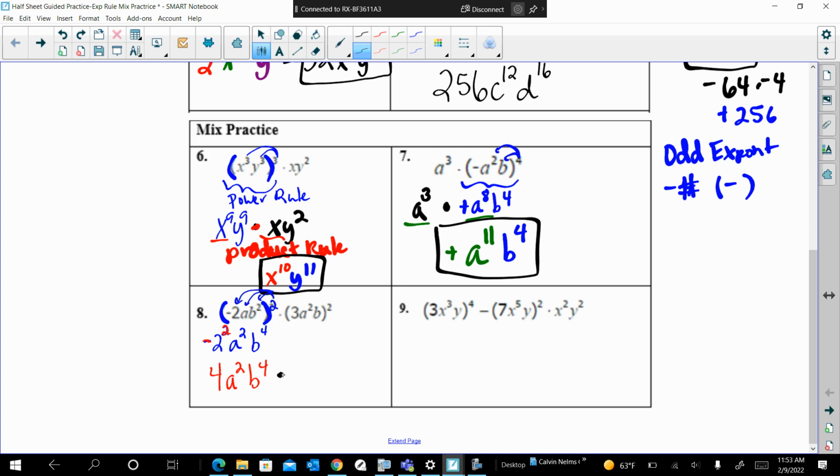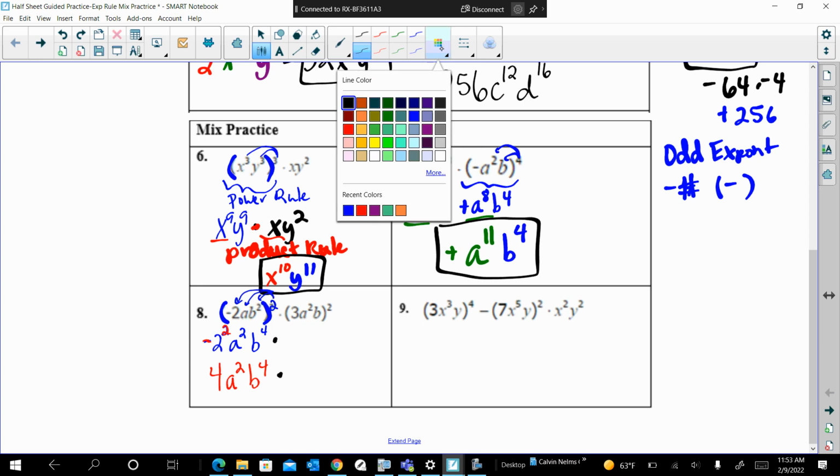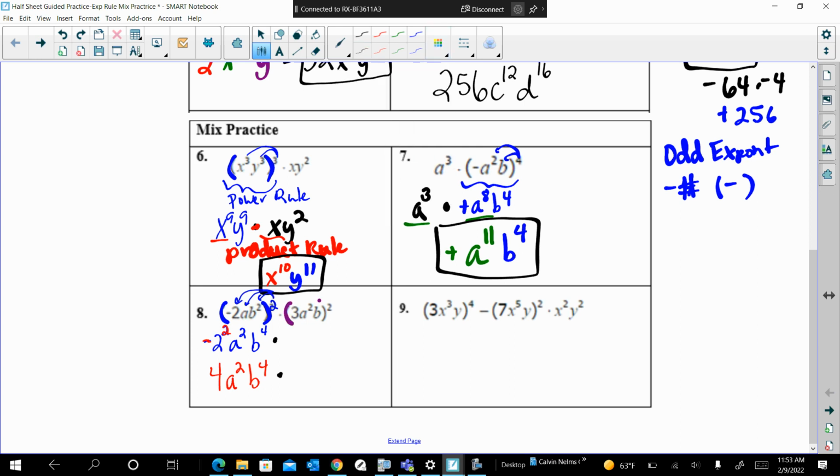9a to the power of 4, the second power. Yeah, this one we're gonna do the next set of parentheses, which has a 2. I'm distributing that 2 to each term. So yes, this becomes 9a to the 4th, b to the second power. Now, because we're multiplying, what do we have to do to the exponents?